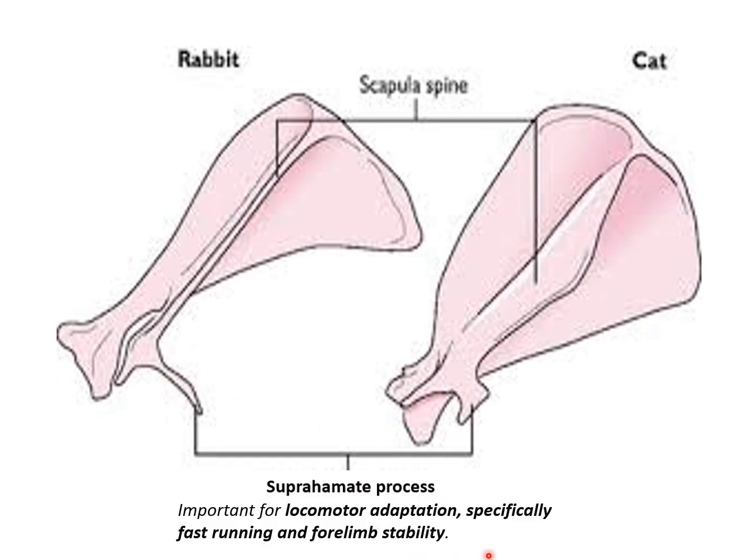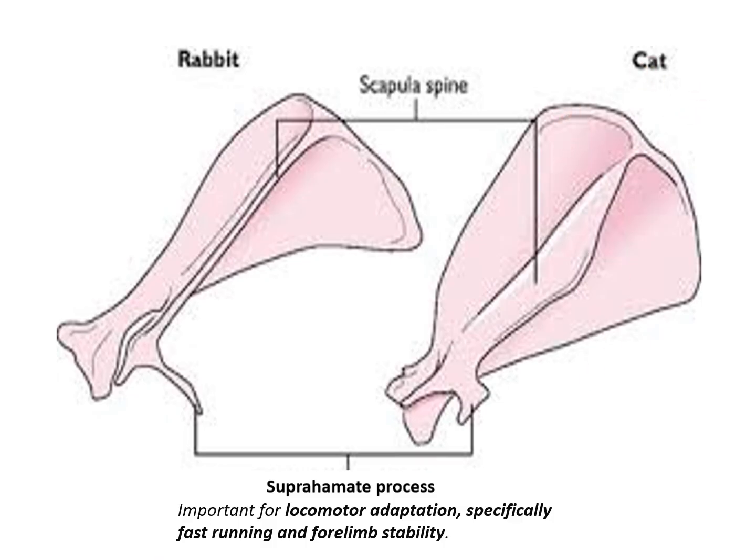Okay, it is important for locomotor adaptation, especially for fast running and forelimb ability. See how enlarged the spine is here in the cat. All right. So these additional projections are very, very spectacular. Okay, it's something to take note of in these two species. You have them in the rabbit and in the cat.